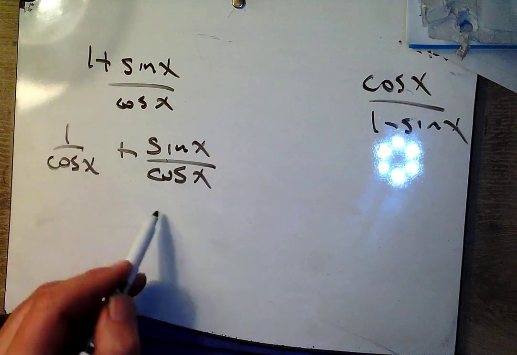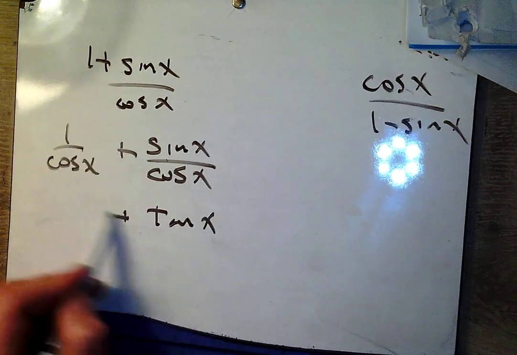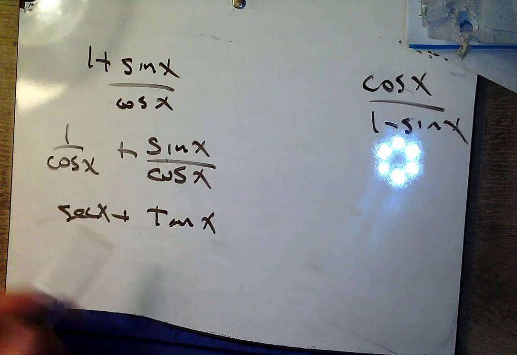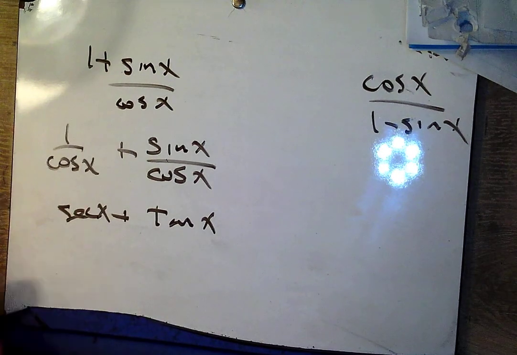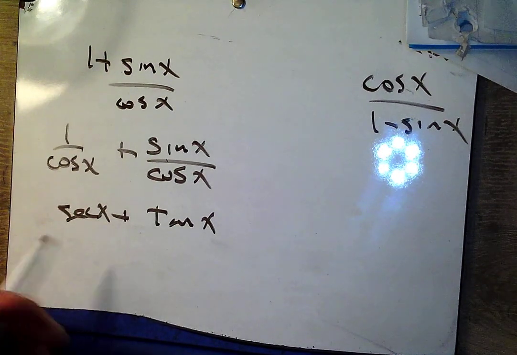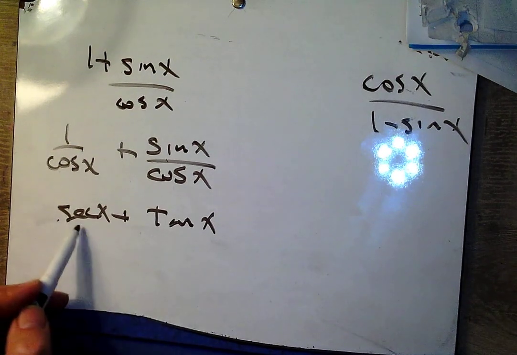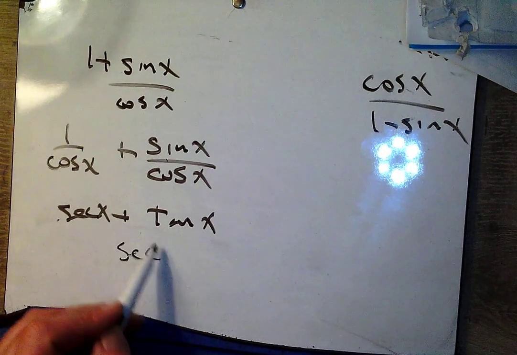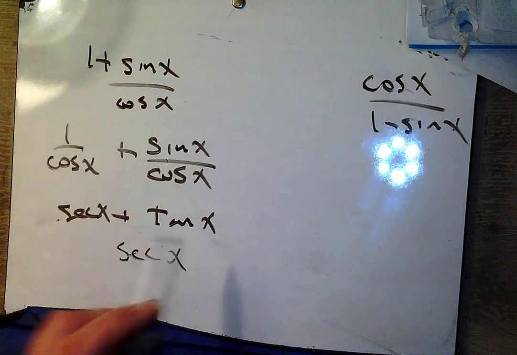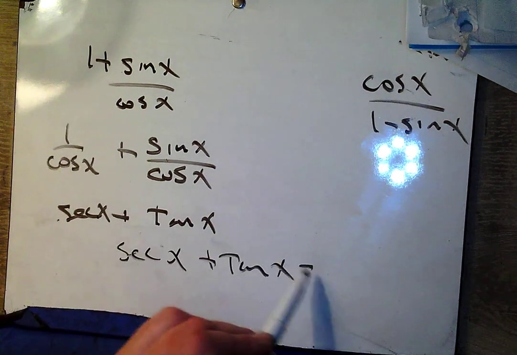But this is tangent. This is secant. But then what? I get stuck there. I don't know how to get closer to that. What are these? I don't have any of those over there. And so, you know, some students say, oh, don't worry, Mister, because you know that secant x plus tangent x equals 1.